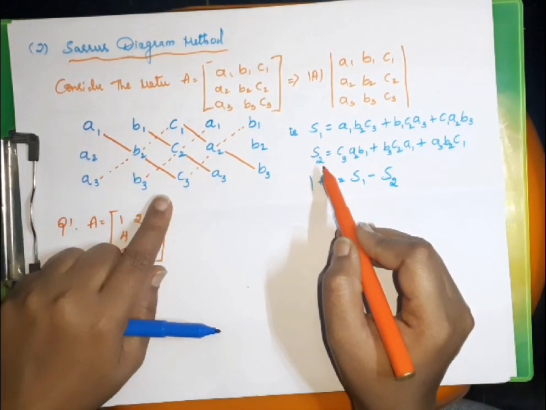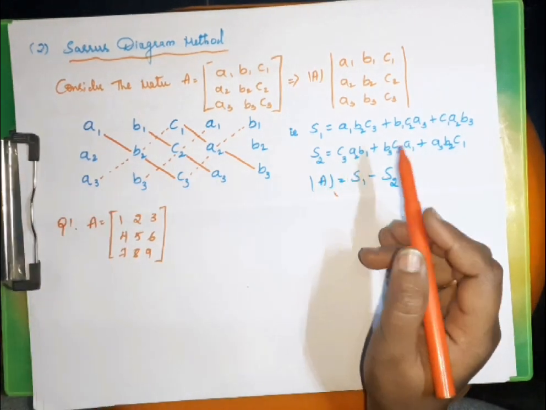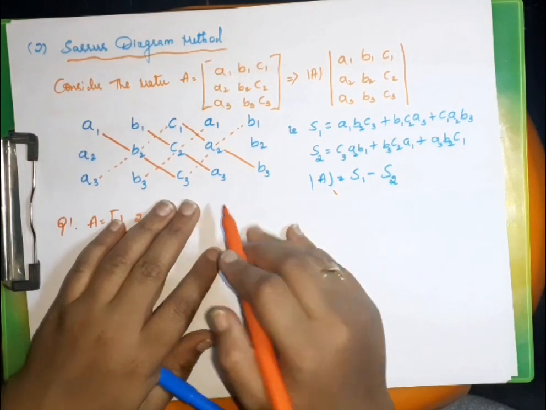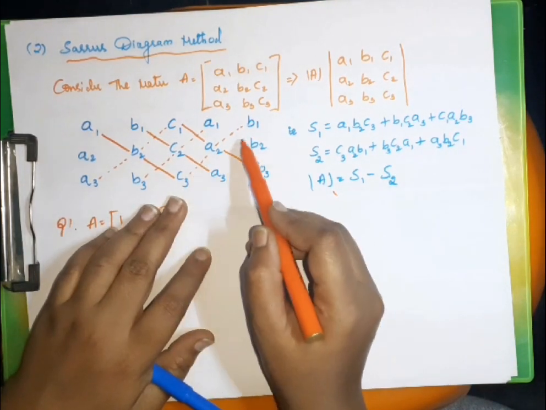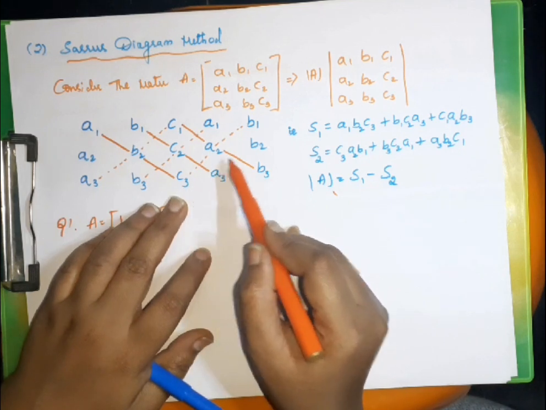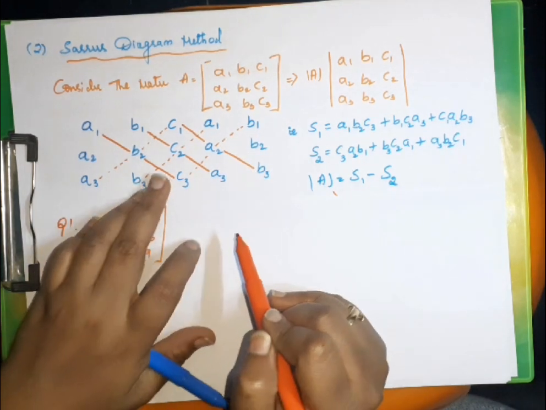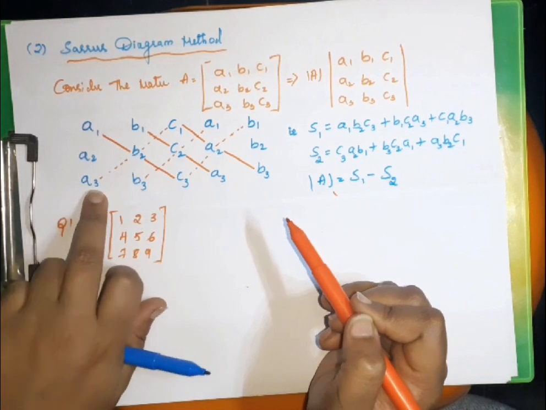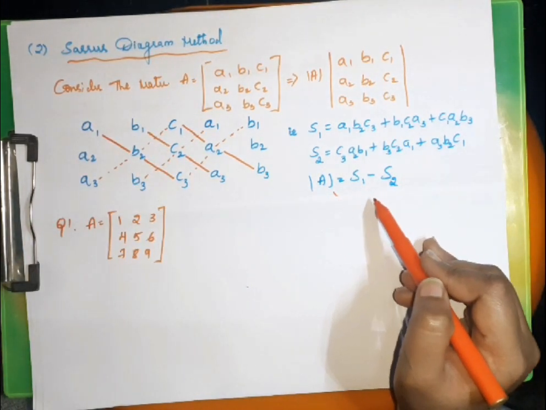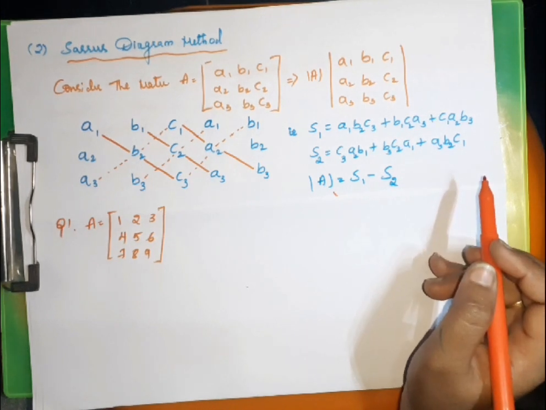Same way we have S2. S2 will be from the backwards, all in the dotted straight line. You have to consider C3, A2, B1, B3, C2, A1, A3, B2, C1. So determinant A is S1 minus S2.